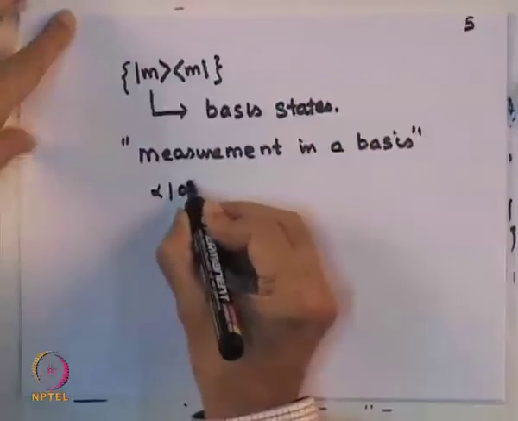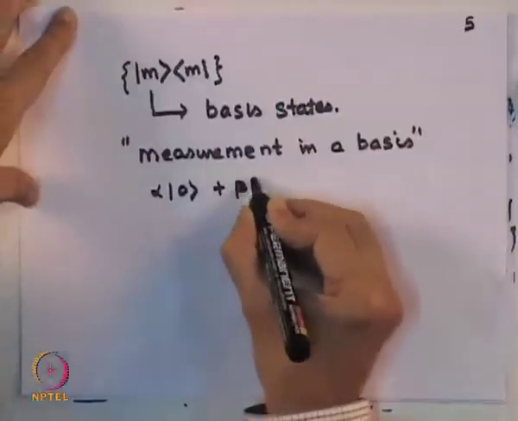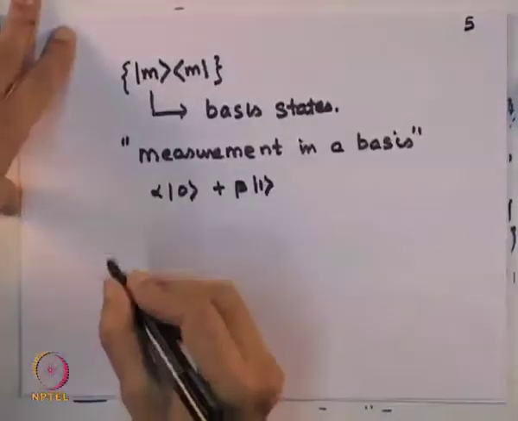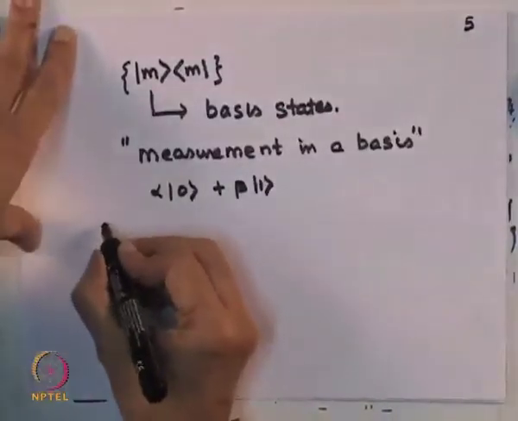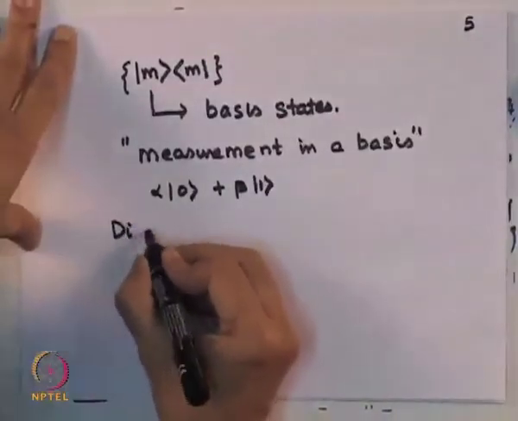Supposing instead of measuring in the 0, 1 basis, I measured in a different basis. Suppose I have the same state, alpha 0 plus beta 1, and we want to measure in a diagonal basis.